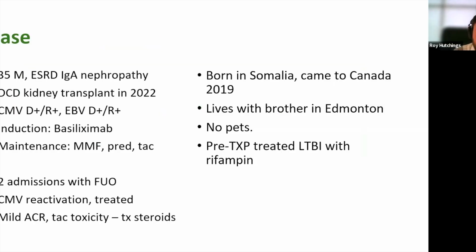He received what is standard induction and maintenance immune suppression at our center. Over the next few months, he had 2 admissions to hospital for fever that we were unable to definitively identify the cause of. He did have CMV reactivation that was treated and an acute kidney injury with a biopsy revealing some mild acute cellular rejection that was treated with steroids.